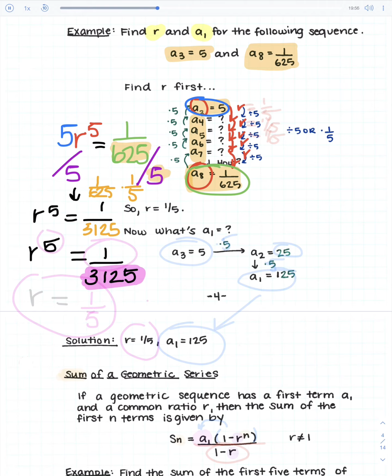That doesn't mean that r is 5. It actually means that r is 1/5, because notice the 3125 is over 1. So what we have to raise to the 5th to get 1 over 3125 is 1/5. So our r, the thing that we're multiplying by each time, is 1/5.